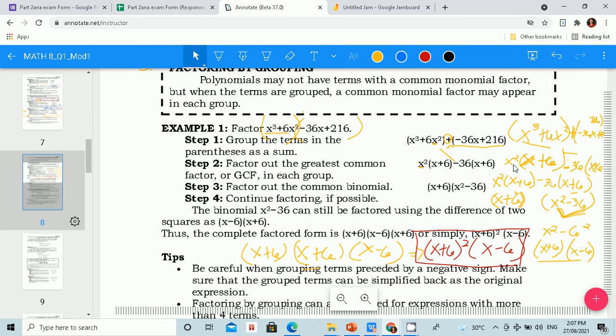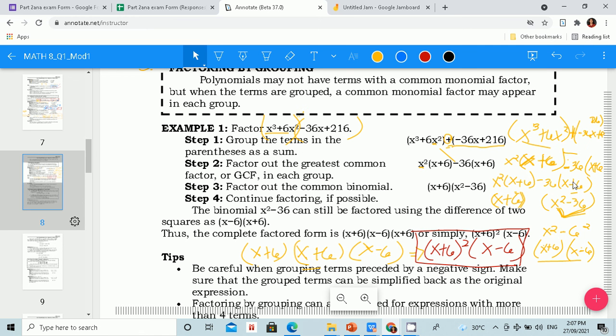The factor of the first group is x squared times x plus 6, and the factor of the second group is negative 36 times x plus 6. That's the factor of the second group.